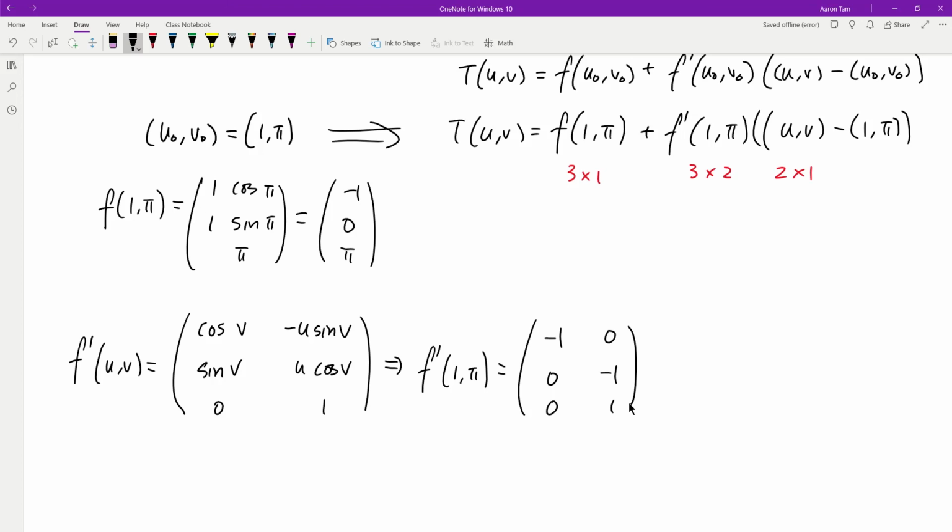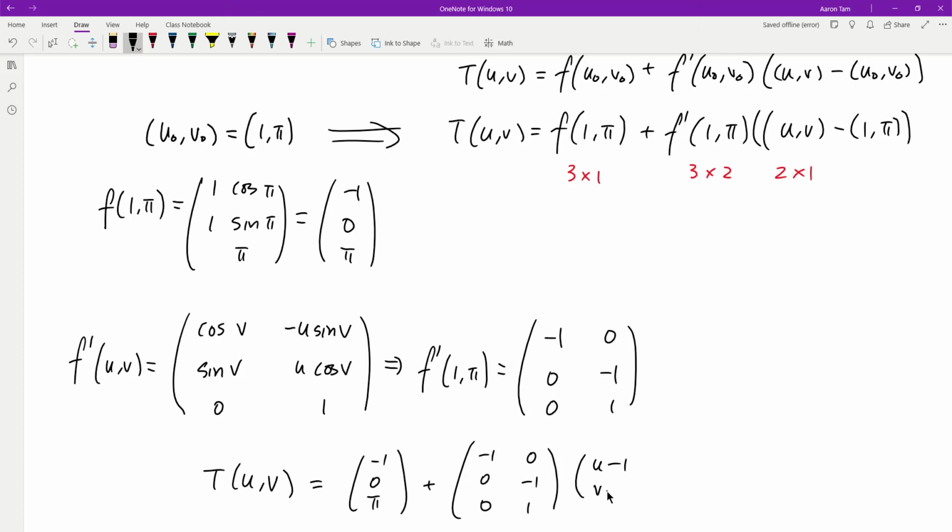Okay, so now I'm ready to go and do my formula. I'm going to continue my formula down here. So my tangent approximation formula will be T of (u,v), which is equal to (-1, 0, pi) plus the matrix with rows (-1, 0), (0, 0), (0, 1), multiplied by (u minus 1, v minus pi).